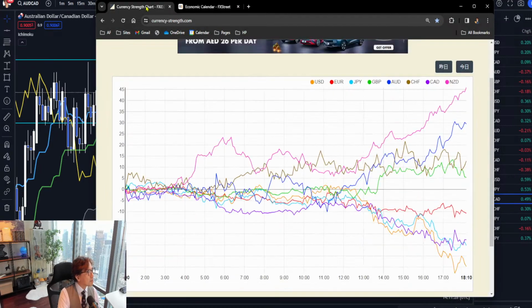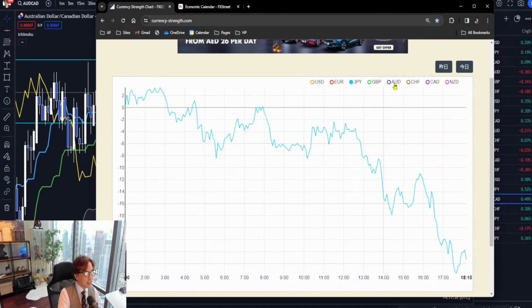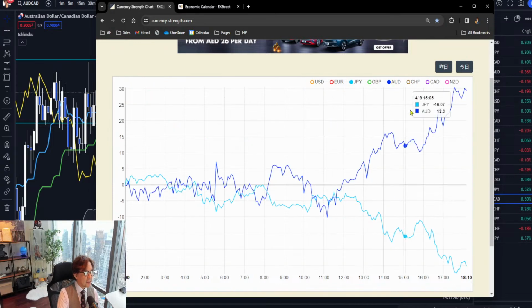So yeah, the next strength chart, the strong market is AUD/JPY. The light blue is JPY, has been bearish. The JPY is weak today, and AUD is really strong today. So AUD/JPY also looks good to trade if the price is above the Kumo on the daily time frame.